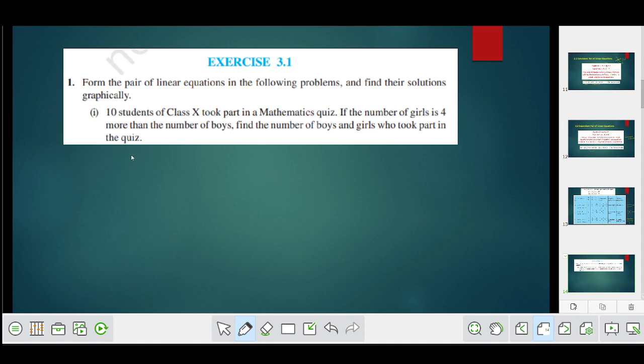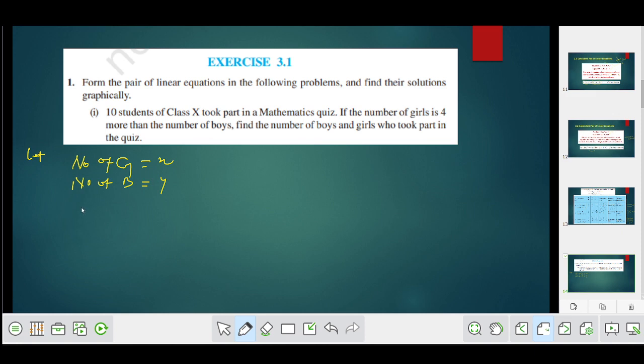So, we suppose the number of girls is x and the number of boys is y. Clear?